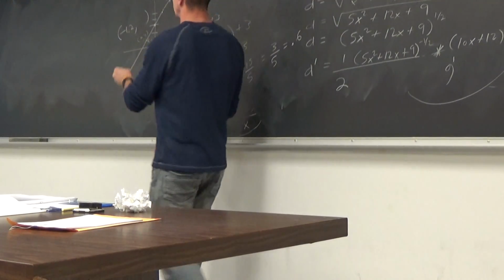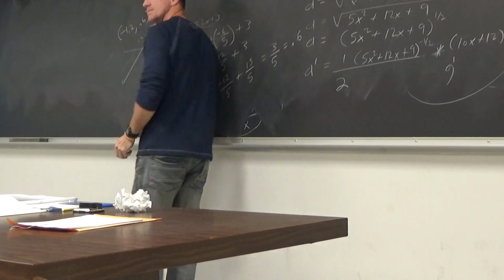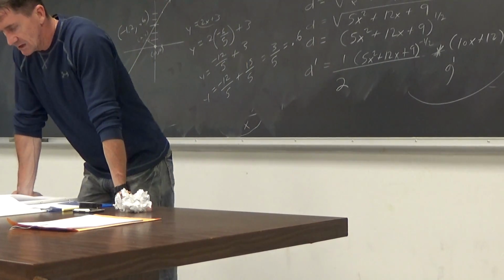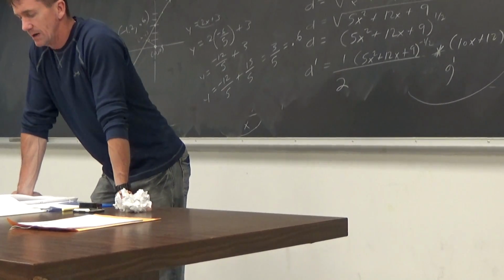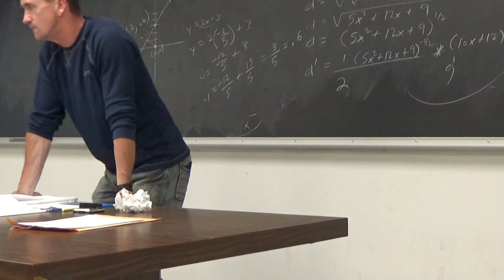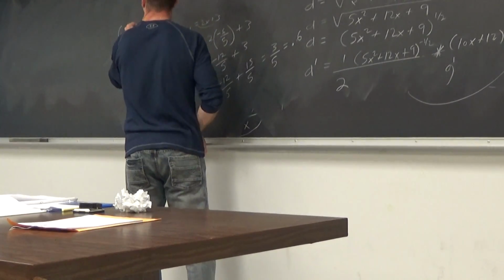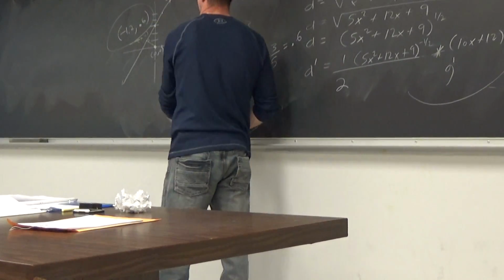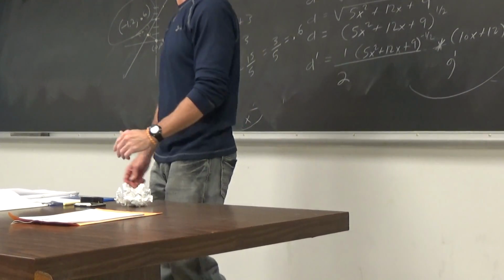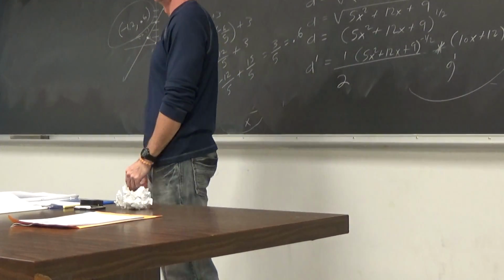If your answer is negative 1.2, 0.6. Let me go back to the question, make sure we answered it. Find the point on the line y equals 2x plus 3 that is closest to the origin. That's the answer right there.